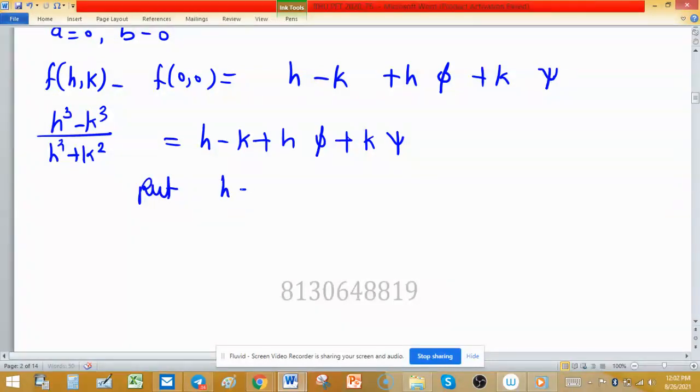Now put h equal to r cos theta and k equal to r sin theta. Because in two dimensional space we can consider polar coordinates, and in polar coordinates we can easily check differentiability or continuity. So we are transforming this problem into polar coordinates, so we can easily justify the problem.